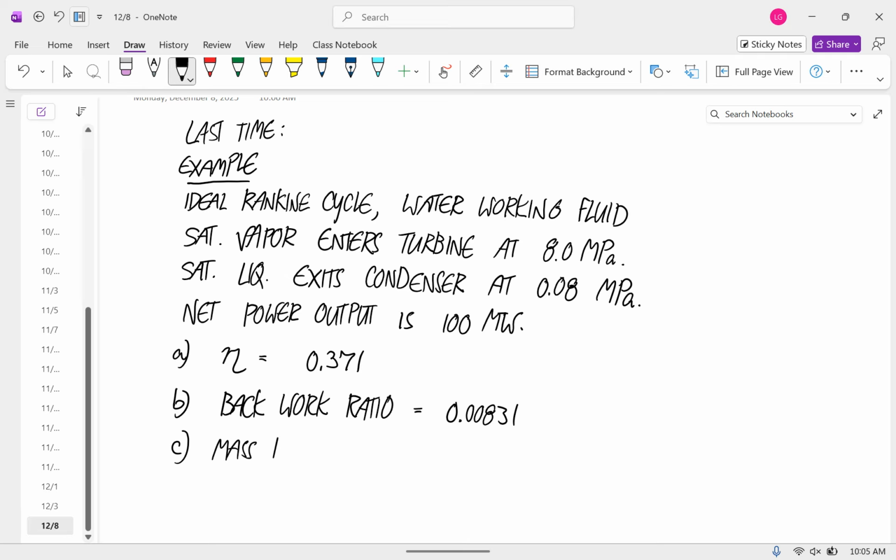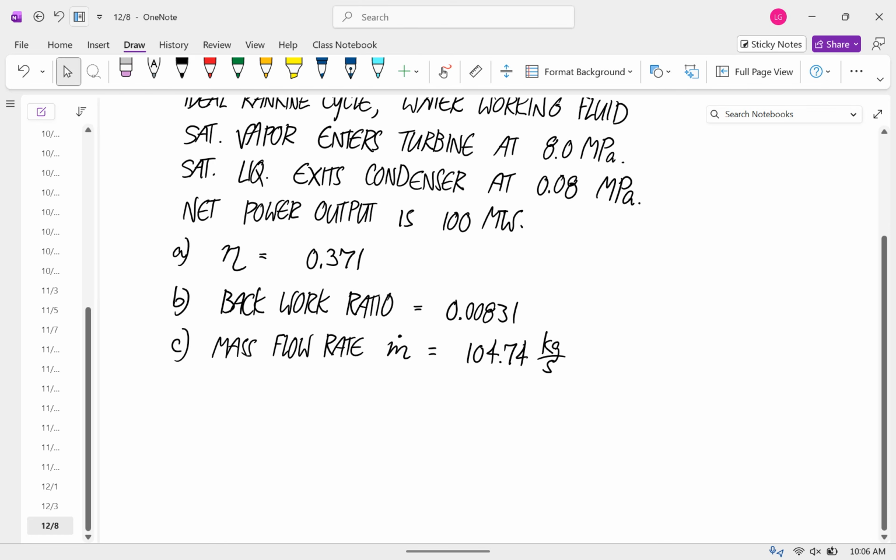Then we wanted to calculate the mass flow rate. That's m dot. And we got 104.74 kilograms per second. Then we wanted to calculate the rate of heat. I'm going to write this QH dot.